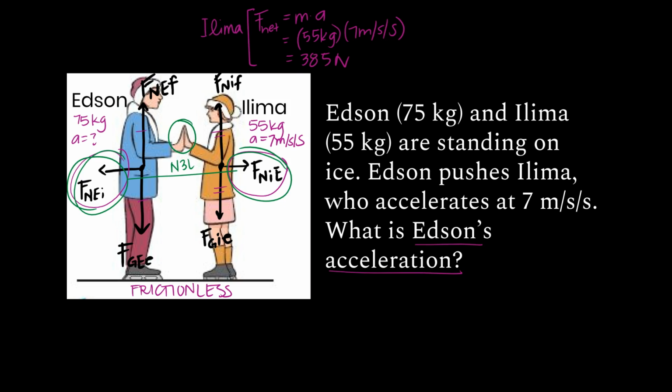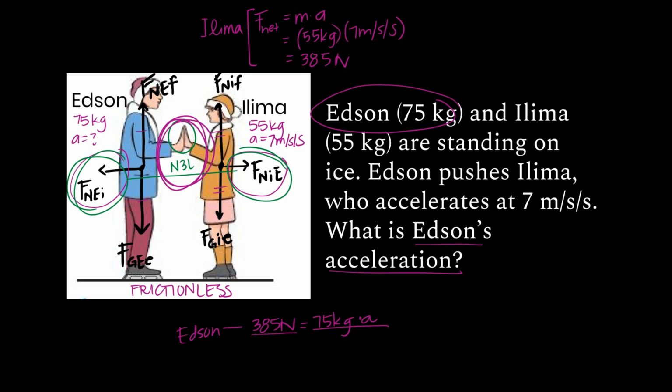All right, now Edson, which I'm going to write down here, his net force is also going to be 385 newtons because of Newton's third law pair. We know his mass is 75 kilograms from the problem, okay? It's given to us, but we don't know his acceleration, so we'll leave that blank.